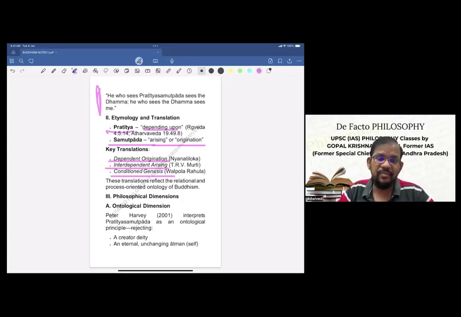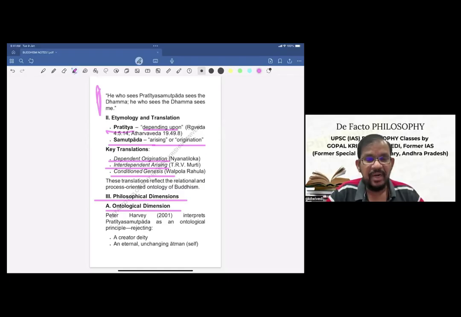Now, what are its philosophical dimensions? Earlier also we have seen them in brief, but let us see them in detail. First, the ontological dimension, that is, the metaphysical dimension of Pratyut Samutpad. Peter Harvey is one of the modern philosophers and commentators.